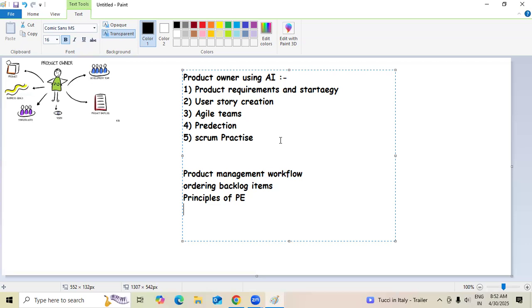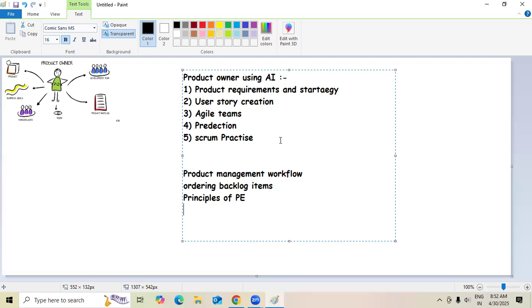Apart from that, sprint planning is not only user stories. We also take tasks, users, and hours into consideration. This is what we are learning by combining the product owner's basic and standard skill sets with AI, especially prompt engineering.